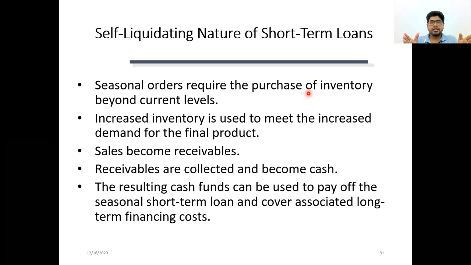You keep the inventory for a period of time. Inventory is considered an asset. And when you make sales on credit to your customers, the inventory becomes receivable. Again, it's an asset, a current asset.